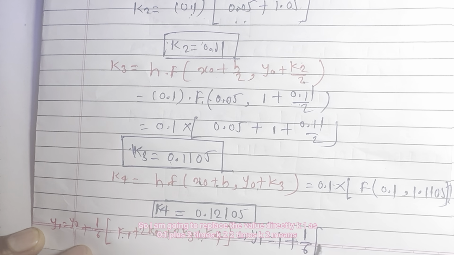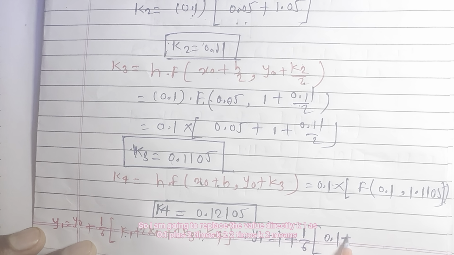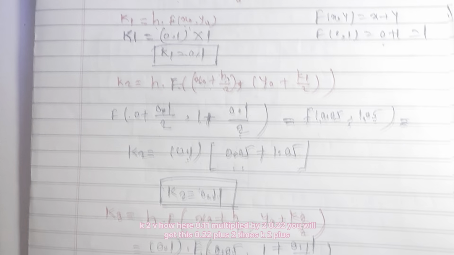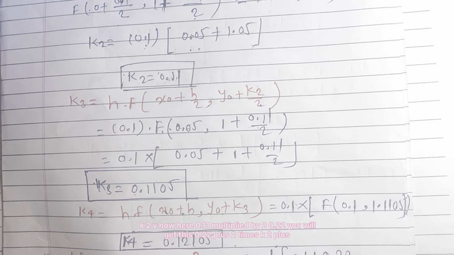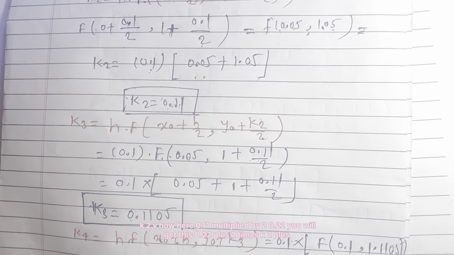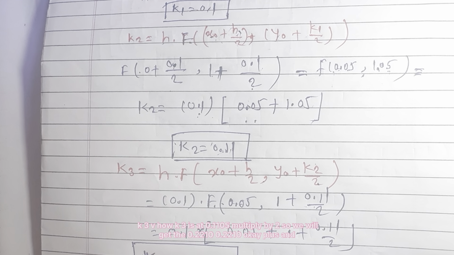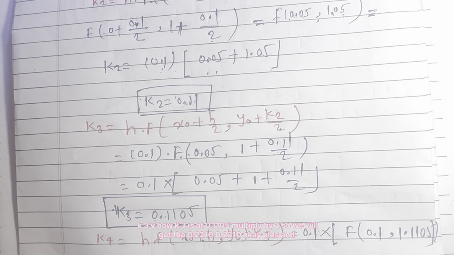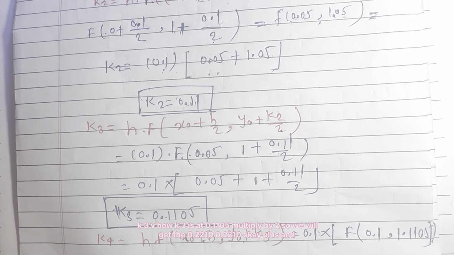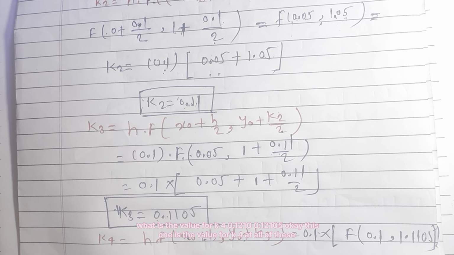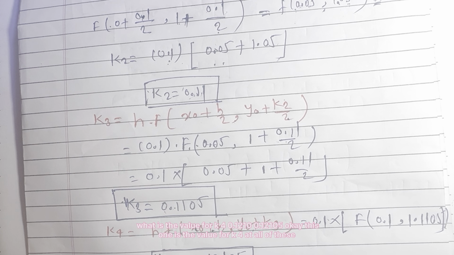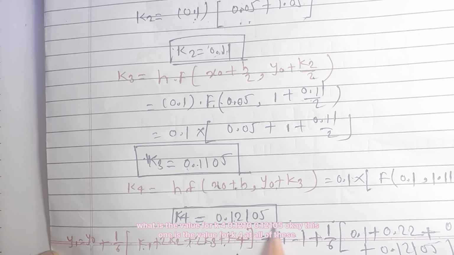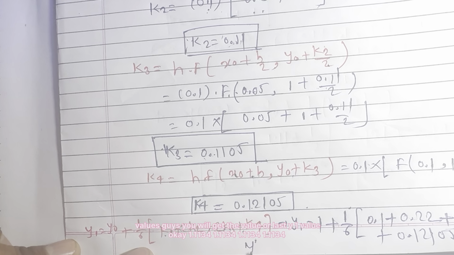K1 is 0.1, plus 2 times K2: K2 is 0.11 multiplied by 2, you get 0.22, plus 2 times K3: K3 is 0.1105 multiplied by 2, so we get 0.2210, plus K4, which is 0.12105. Add all of these values, guys, and you will get the last y1 value.